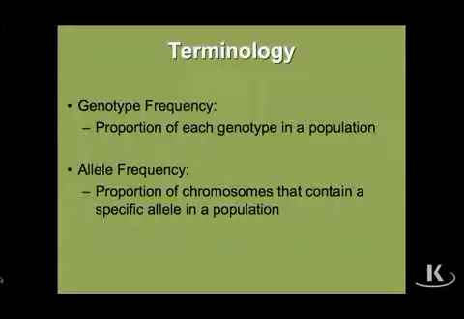Let's look at genotype frequency first. Genotype frequency refers to the proportion of each genotype in a population. As an example, suppose we were talking about sickle cell disease in a population. In that population, there would be people who are homozygous normal.